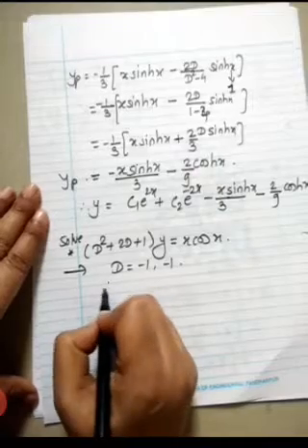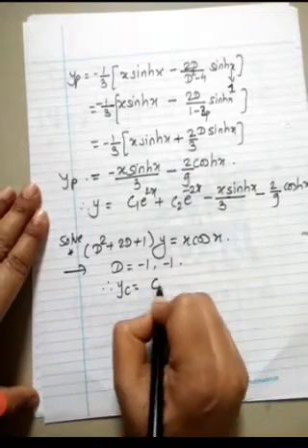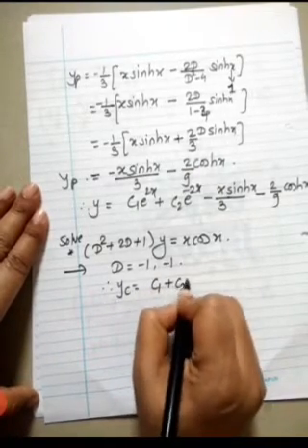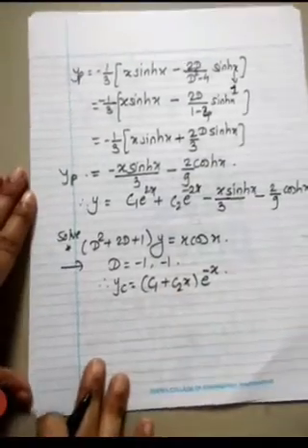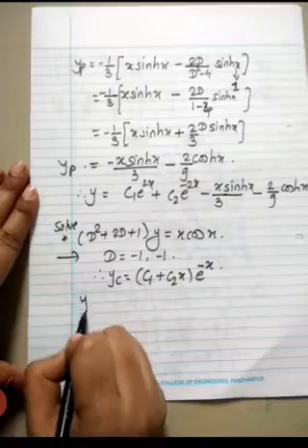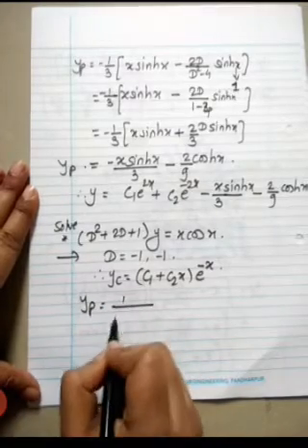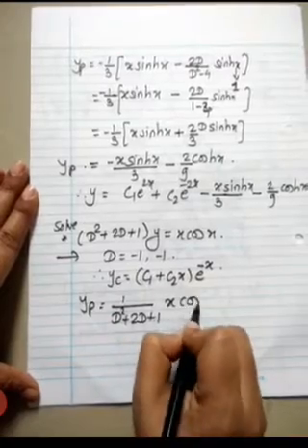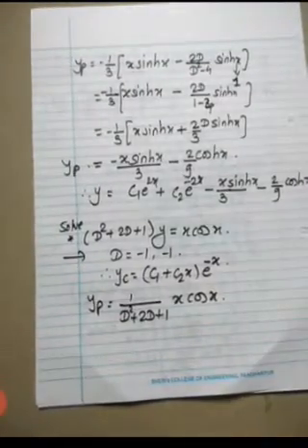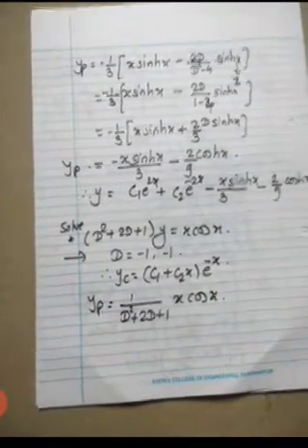Right. Therefore, yc is (c1 plus c2 x) into e raised to minus x. Very good. And yp is 1 upon (D square plus 2D plus 1) into x cos x. So is the x v rule applicable?